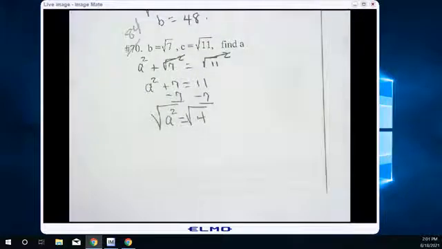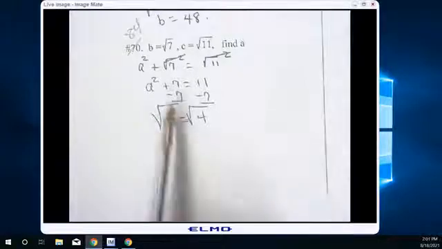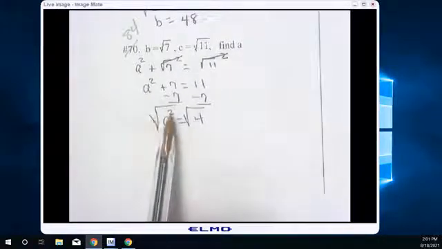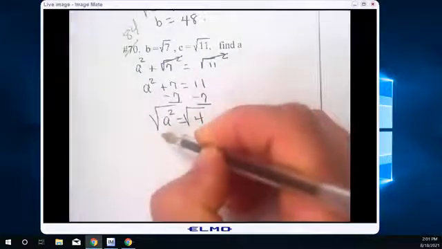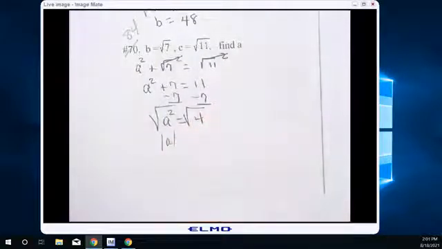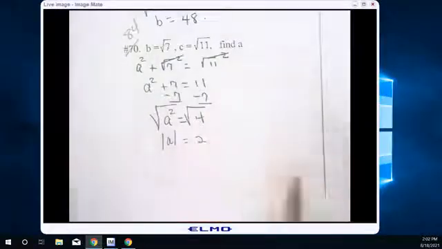And I will tell you, this is where I have issues with pre-cal. What is the square root of A squared? By definition, it is the absolute value of A. Now typically in the classes that you've had so far, and because we are talking about the legs of a triangle, A cannot be negative.